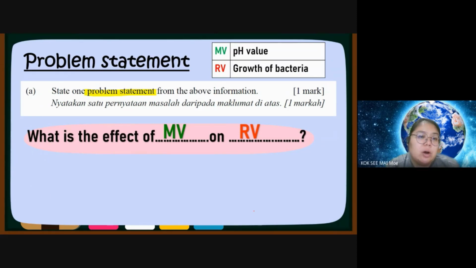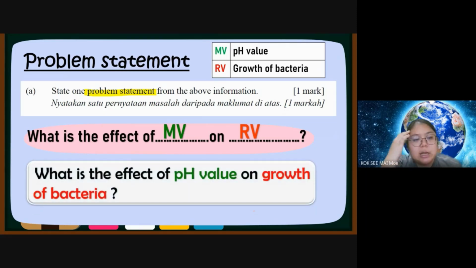When I just put it in, it becomes: what is the effect of pH value on growth of bacteria? So this is a problem statement already. So remember the format you need to write: what is the effect of the pH value on the growth of the bacteria? Okay, so this we call the problem statement.